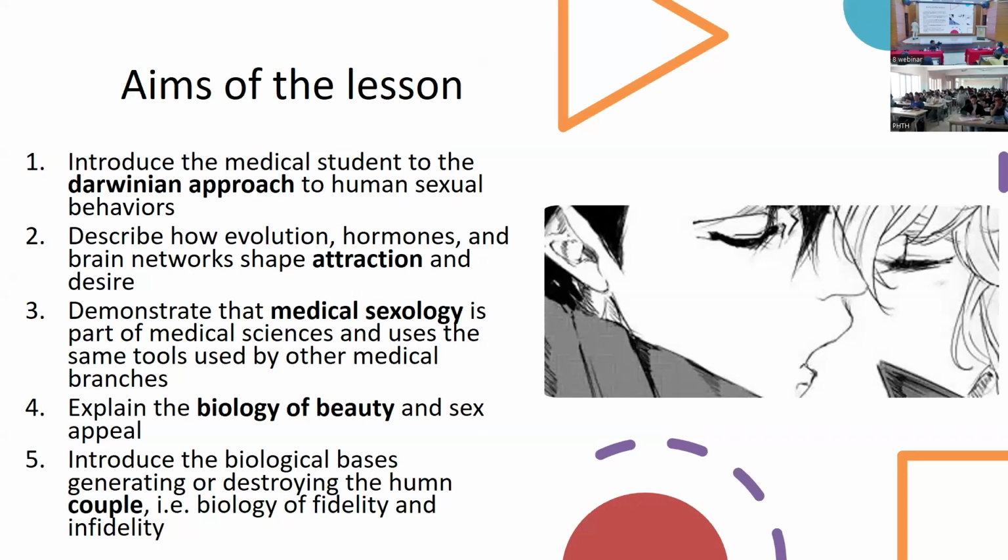Then we will describe how the Darwinian evolution, the hormones, as well as the brain, is shaping the attraction and the desire. So after that lesson, you will be very expert in seduction. You will know all the secrets of male and female seduction.